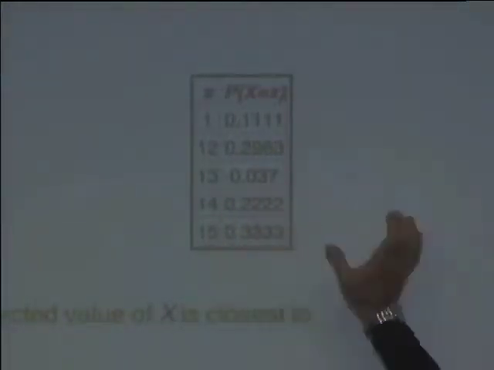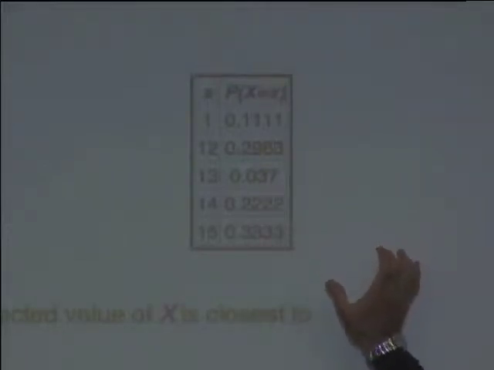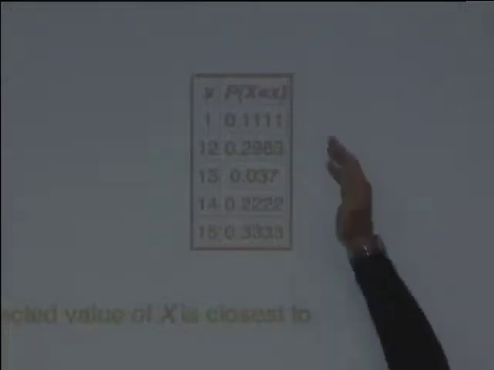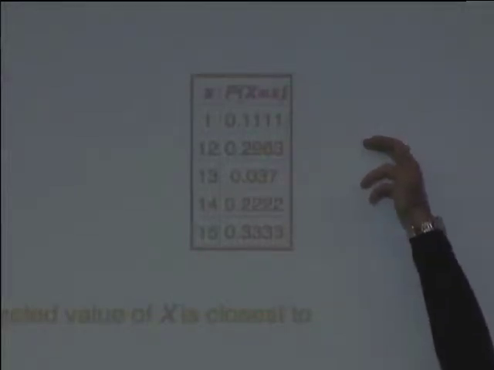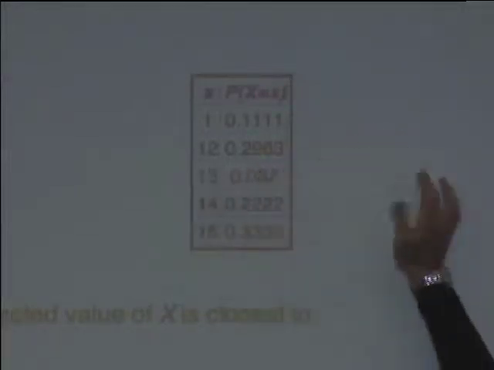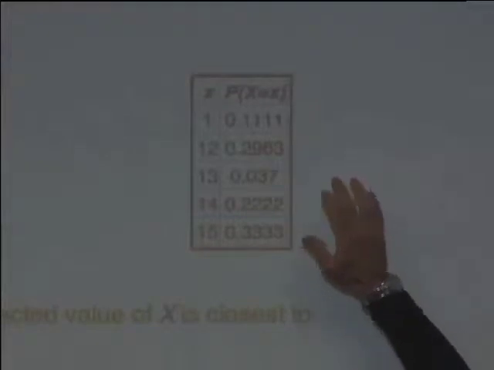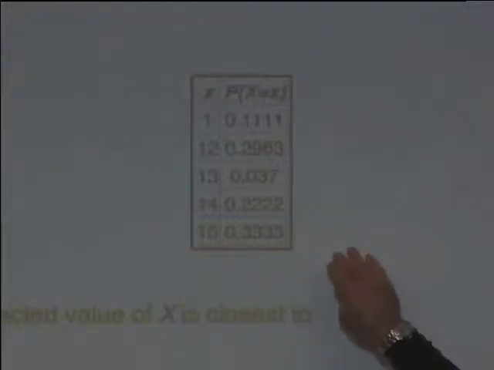So if we wanted to do this systematically, we could expand this table by another column that is x times the probability that x equals x. So the first entry in that would be 0.1111, right? The second entry would be 12 times 0.2963, et cetera. Then once we have those 5 numbers, how do we find the expected value? Just add them, right? Okay.